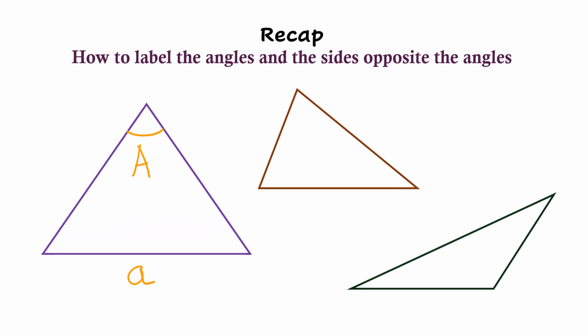Supposing I label the angle, usually the angles are labeled in uppercase, and the sides that are opposite the angles are labeled in lowercase. So in the example there, if I label the angle as A, then the side opposite angle A will be labeled as lowercase a.